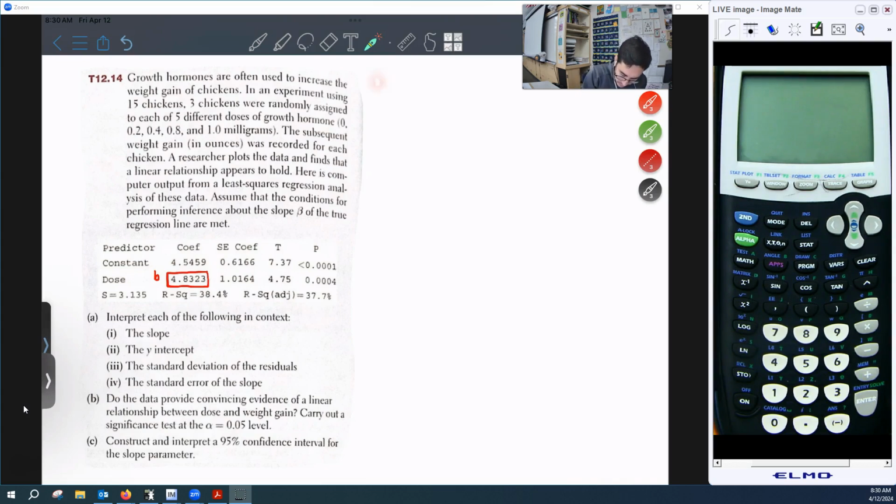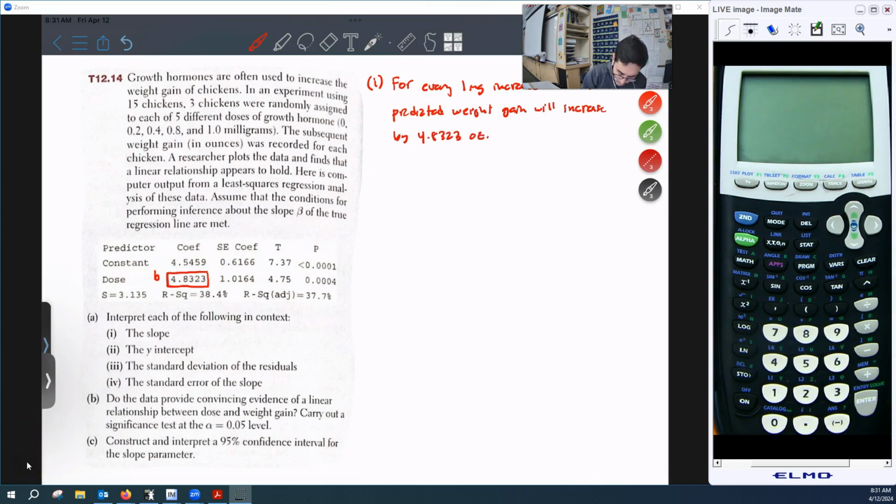Roman numeral I. For every 1 milligram increase in dose, the predicted weight gain will increase by 4.8323 ounces.